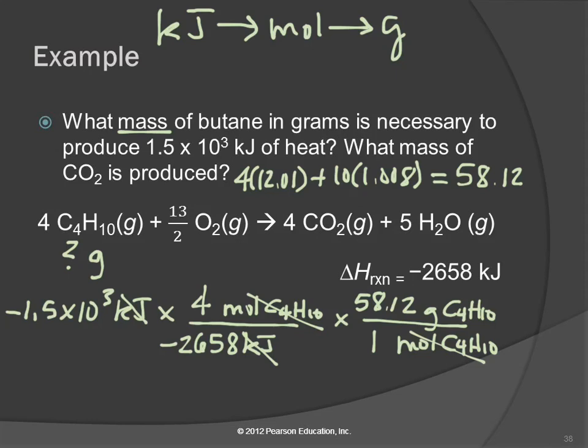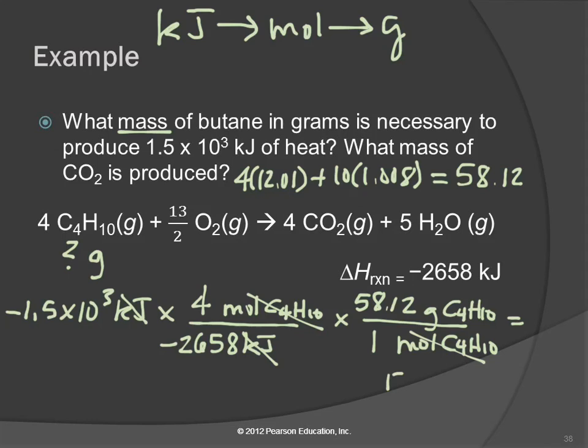So now we have negative 1.5 times 10 to the third times 4 divided by negative 2658 times 58.12, and we get a positive number.